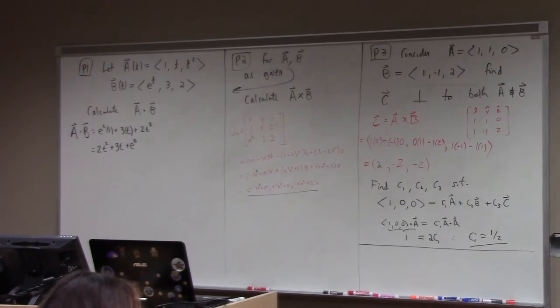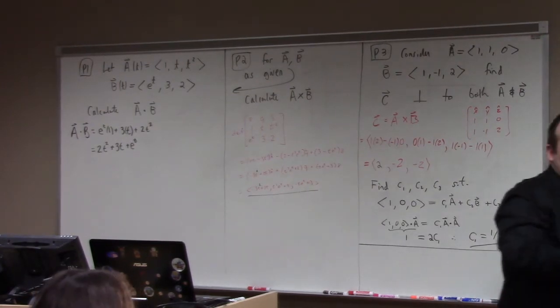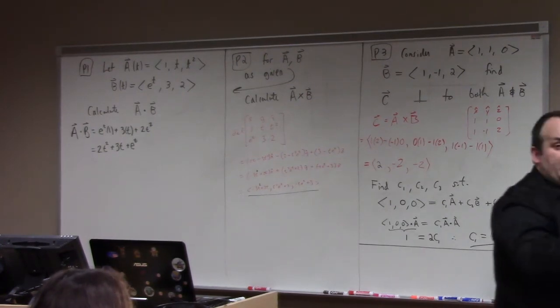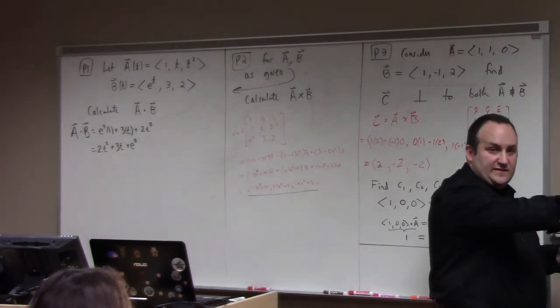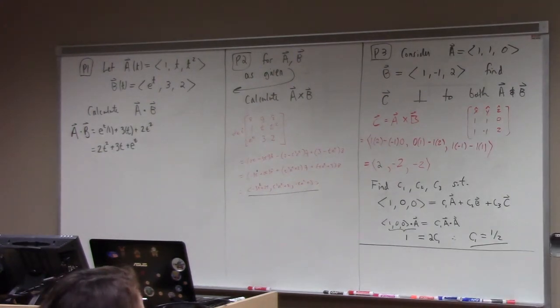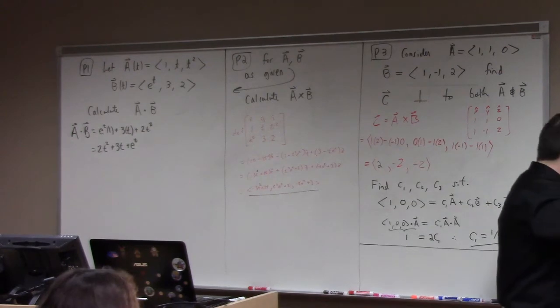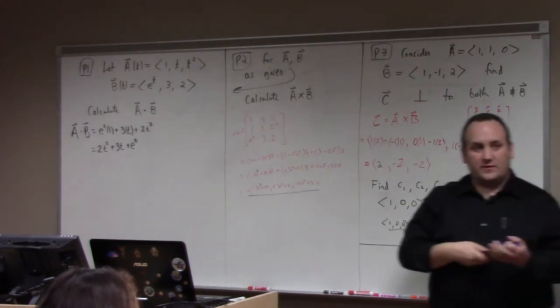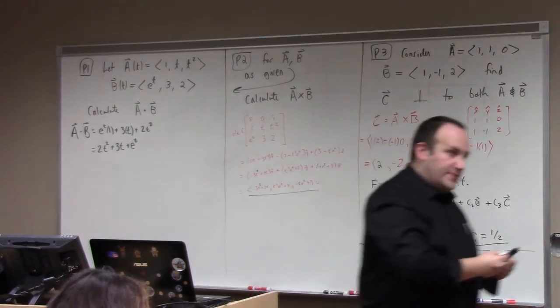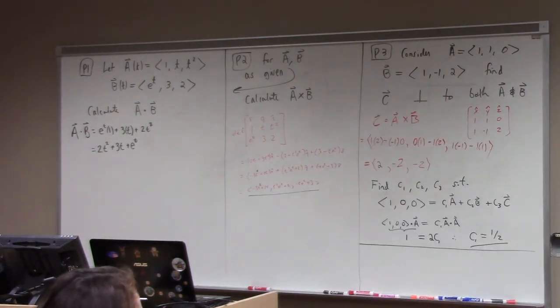What is one vector in the plane already? How about the direction vector of the line? If the line is tangent to the plane, that means the direction vector is in fact a tangent vector. The direction vector here is 1, minus 1, 1. And then I can use the displacement vector from the base point on the line to the given point on the plane to get another vector in the plane.